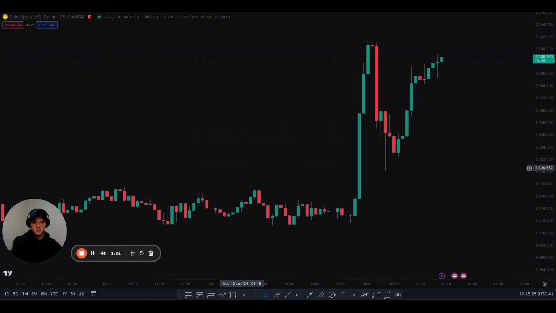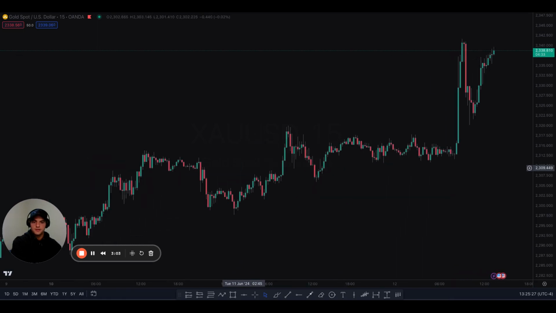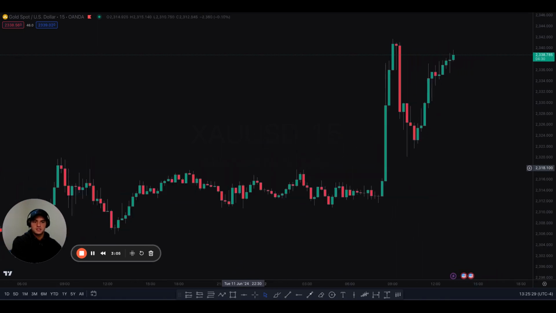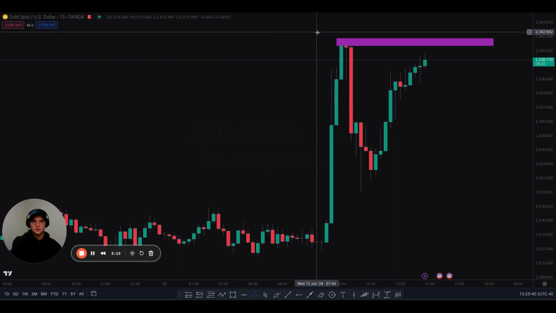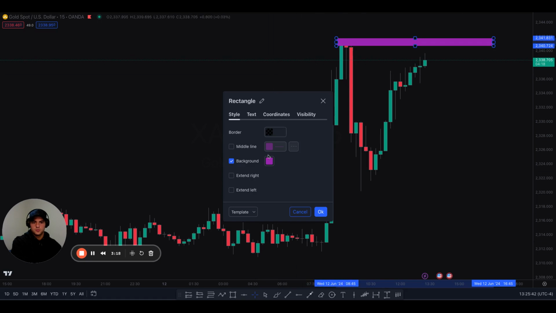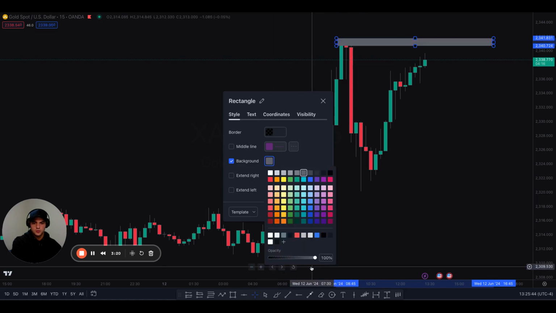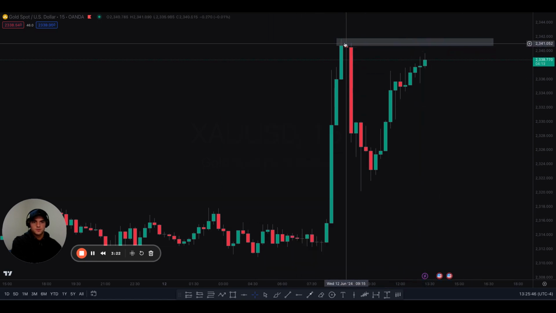Now the 15 minute, every candle is 15, and as you can see, price moves like this, right, from 23.40, from over here to all the way on the bottom over here.